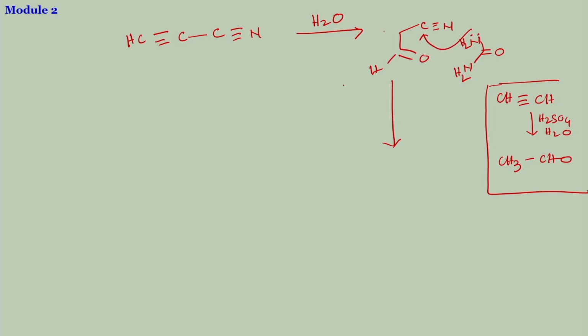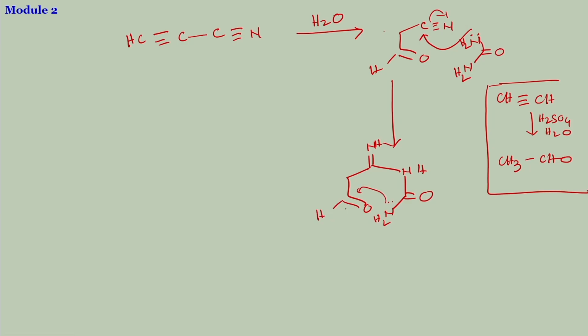Now you are close to the cytosine synthesis. So you will have N, it will be H, here NH of urea, NH2, aldehyde.